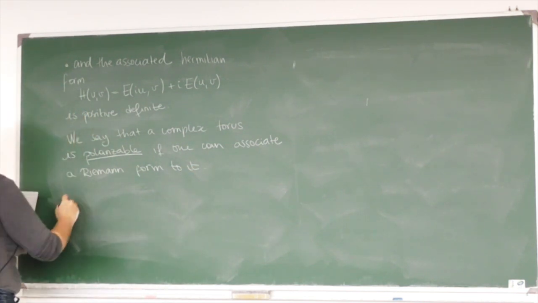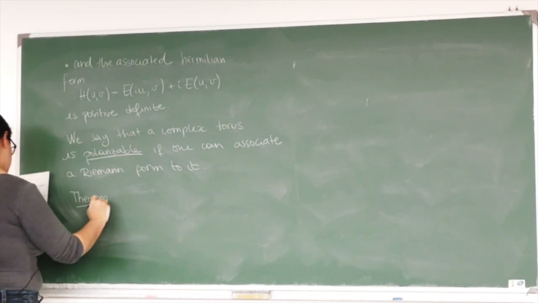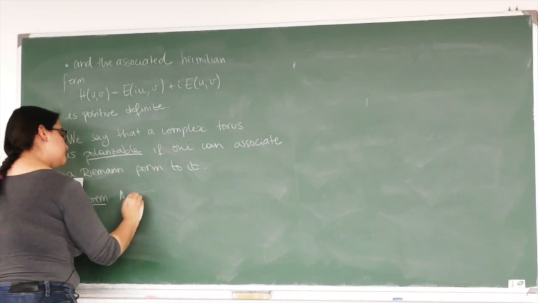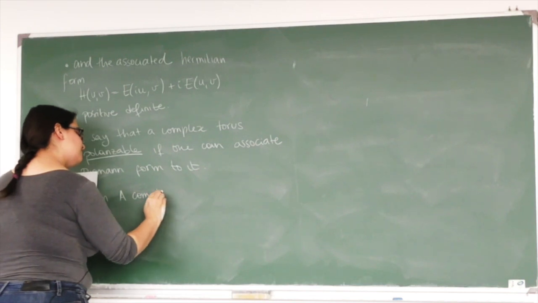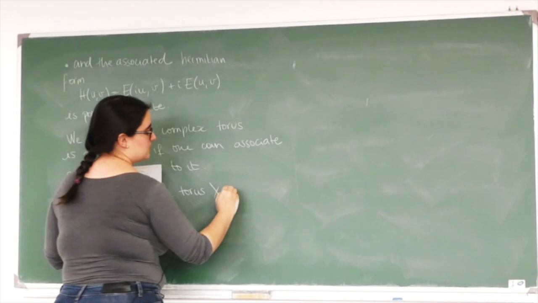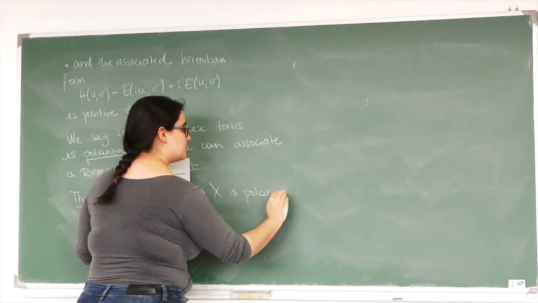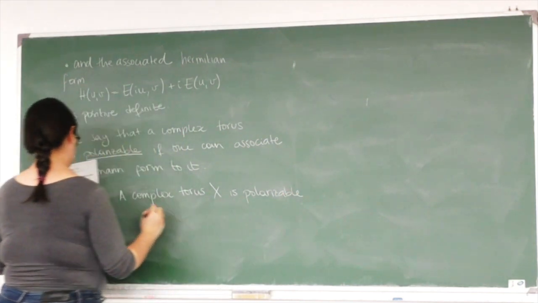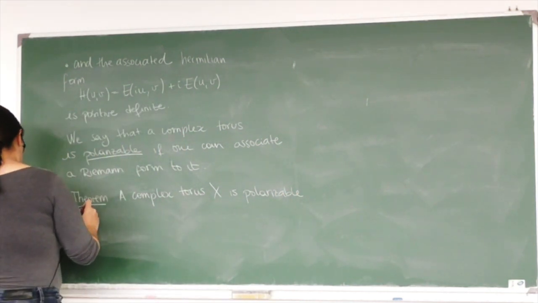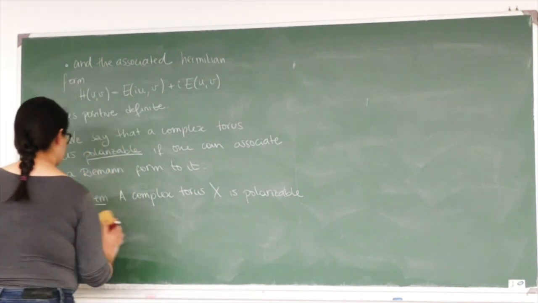And the result that we are looking for, theorem: a complex torus X is polarizable, sorry, wrong phrasing.